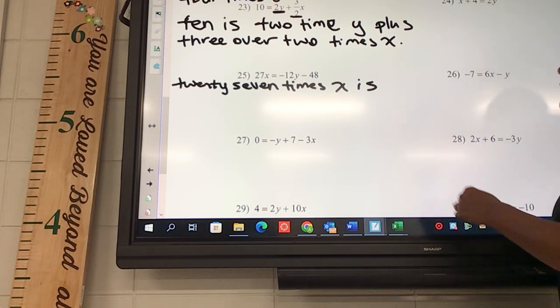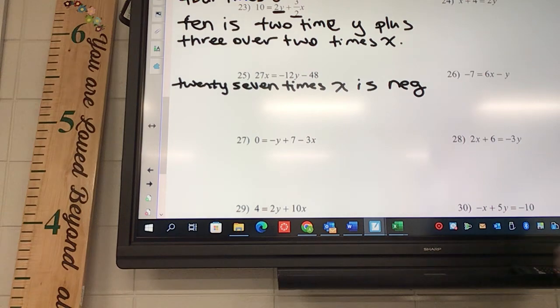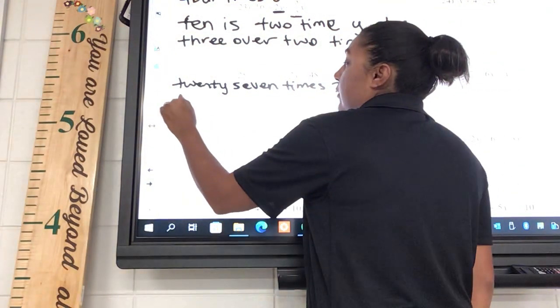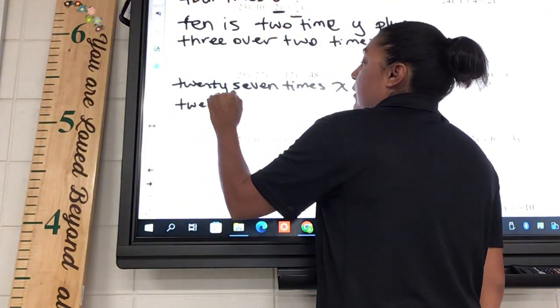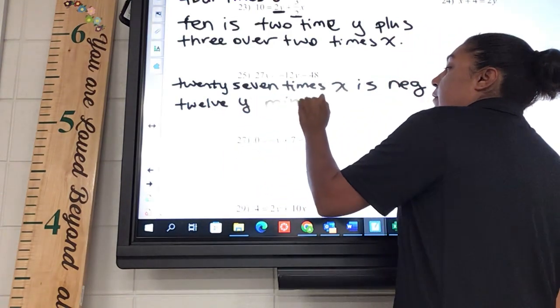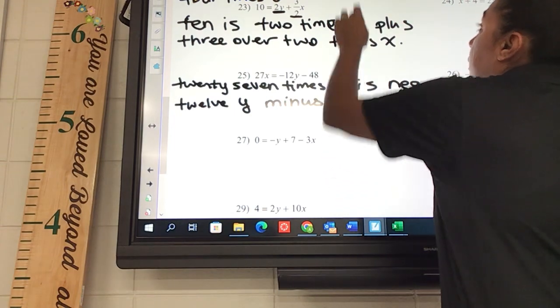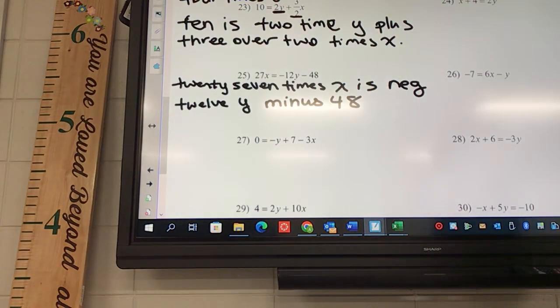Equals. Is negative, and I'm just shortening it, negative 12y minus 48. I'm just writing 48. It's not spelled out. You guys can do the same.